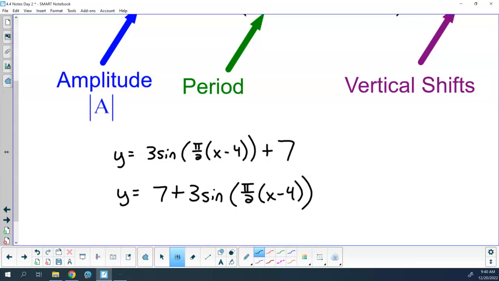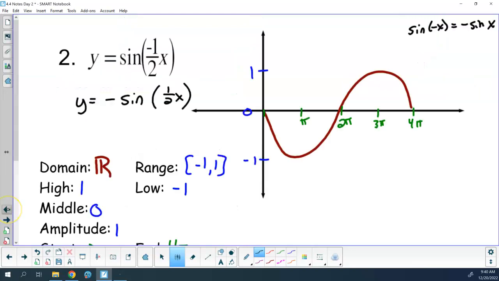And what that does is that takes your middle, like when we found this middle right here, that number is the middle. So on that example, 7 would be the middle. And then we would add our amplitude to the middle to get our high, subtract our amplitude to get our low. So we've shifted now vertically.